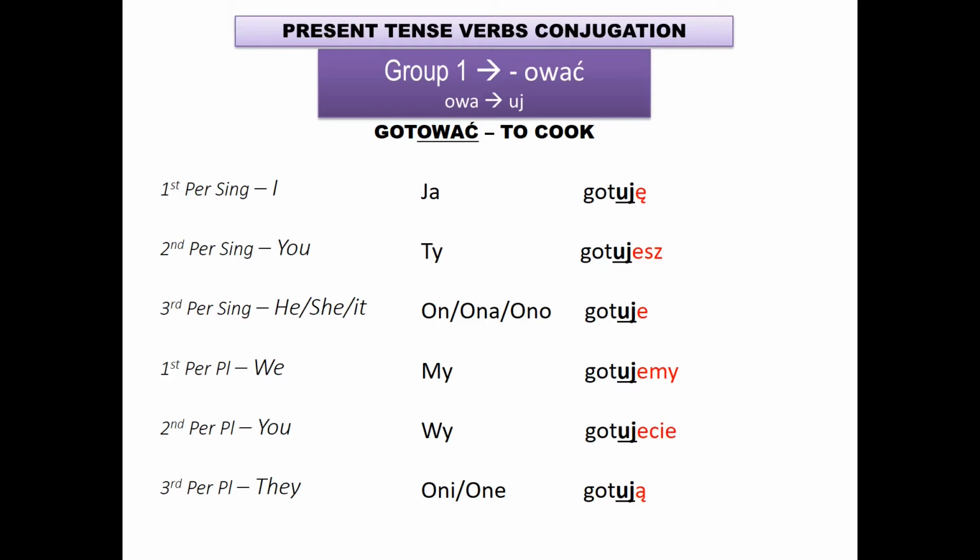The endings are ę, esz, e, emy, ecie, ą. Following this pattern of rules, where within the infinitive of the verb, the owa part changes to uj, we can now form the entire conjugated verb.